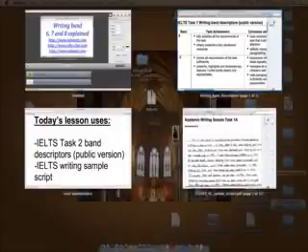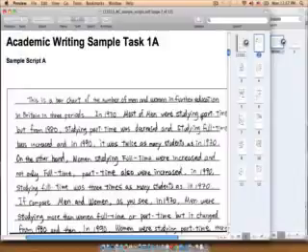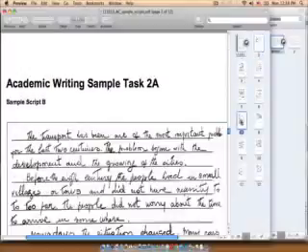The second PDF that we're going to use today is the IELTS Writing Sample Script PDF that is also available from IELTS.org. And in this PDF, we are provided a number of example responses, and we're also provided with the band that they would receive on the exam.